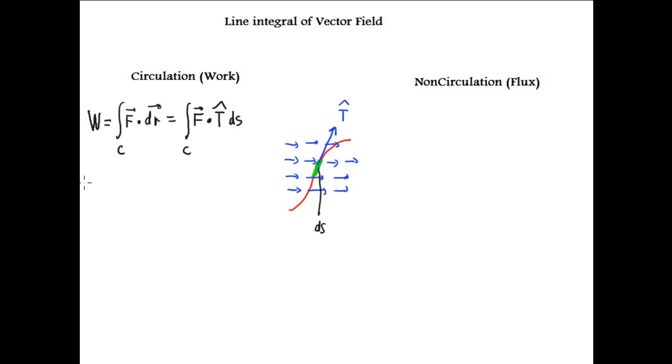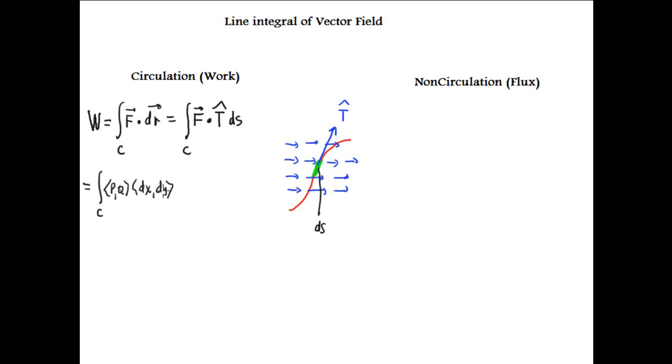In other words, this is equivalent to saying the integral along C of the vector field P, Q dot dr, which is the tangent unit vector times ds, is dx comma dy.